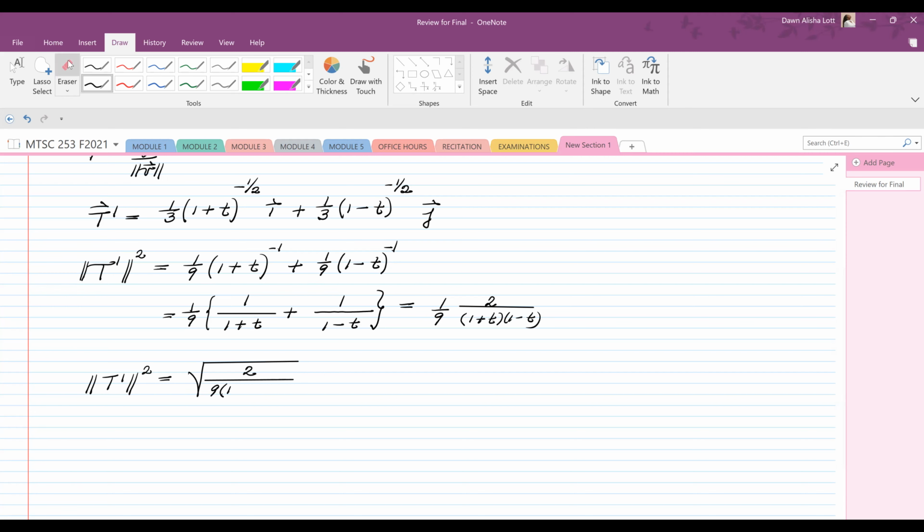So you can bring out the square root of 2 over 3 if you want. And then times the square root of. You can write that as 1 minus t squared if you want. Yeah.